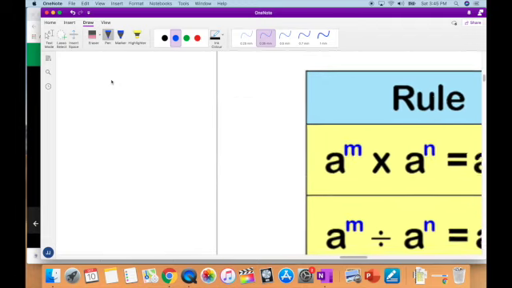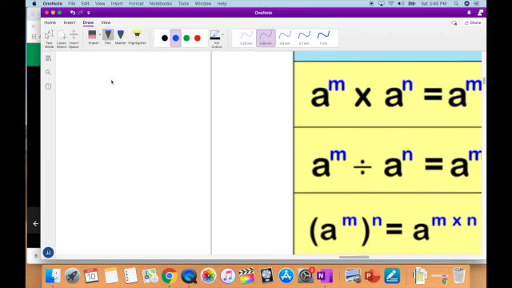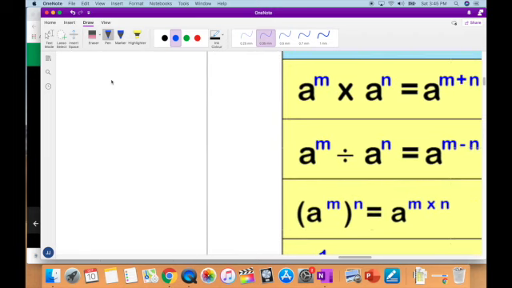So I have this first rule here that I want to take a look at. And that first rule here is a to the power of m multiplied by a to the power of n is a to the power of m plus n, right?